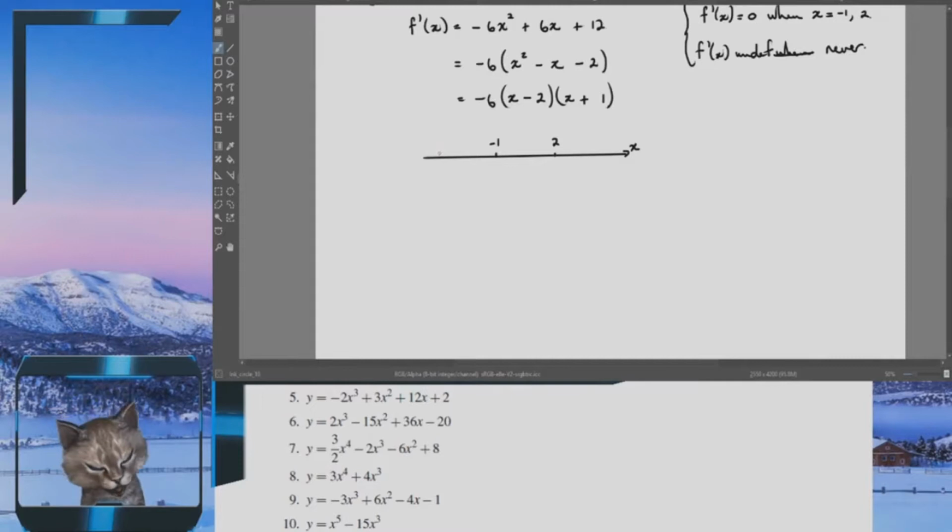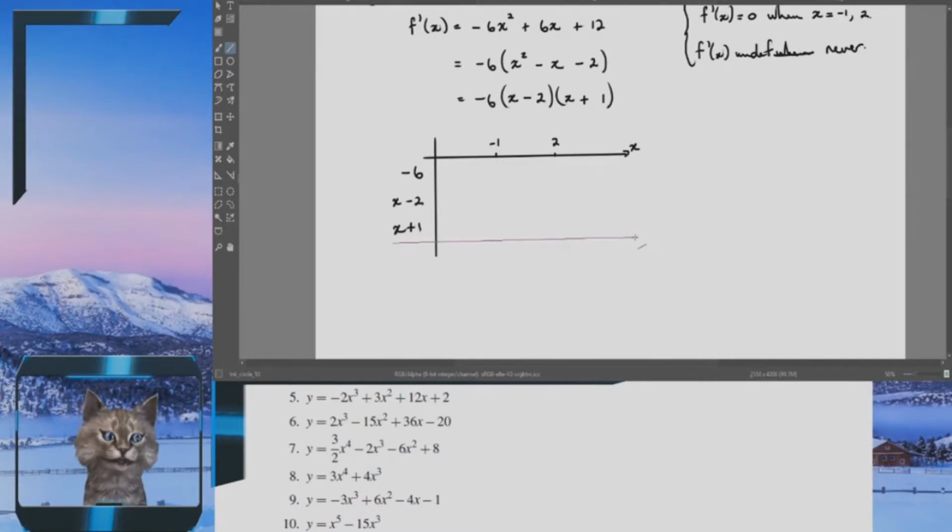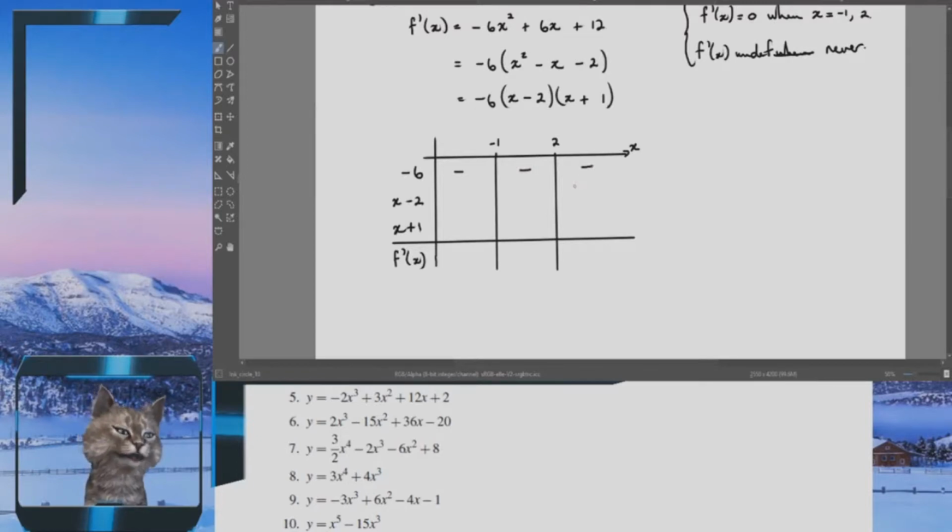And I'm going to list on the left here all the pieces, all the factors that go in making my derivative. Together, by way of multiplication, they will give me the first derivative. And I've broken up my x-axis into these pieces, these 3 intervals. Now negative 6 is always going to contribute a negative number.